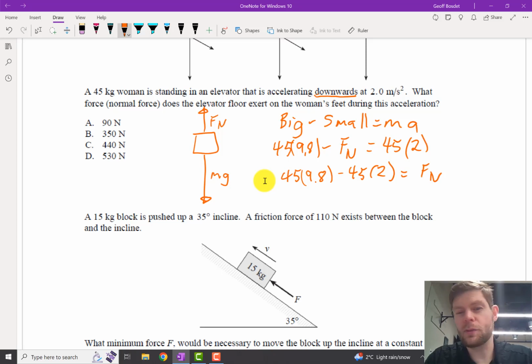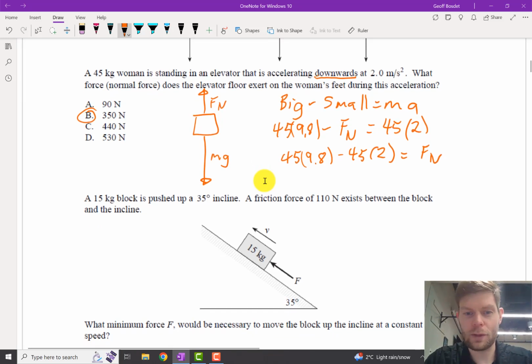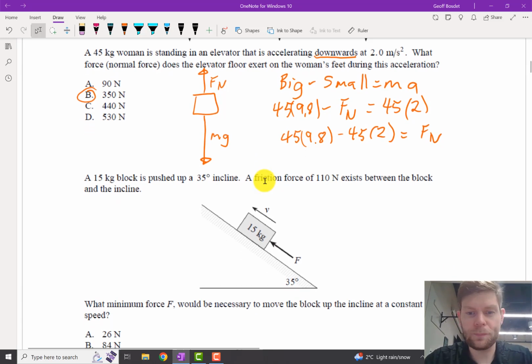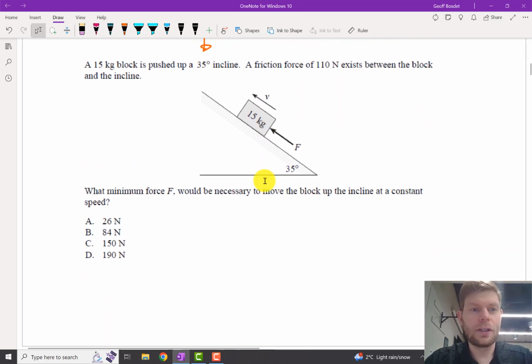Now, if I'm doing that, it's going to be pretty close to 45 times 8. 45 times 2 is 90. 90 times 4 would give me 360, but it's a bit less than that, so it would be 350 is my normal force. All right, and remember, normal force is how heavy you feel or what scales measure. Good things to know. Next question.